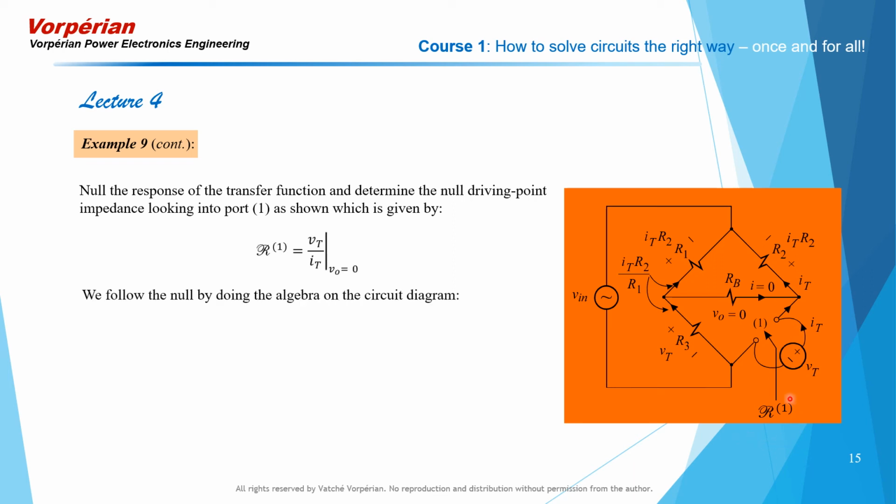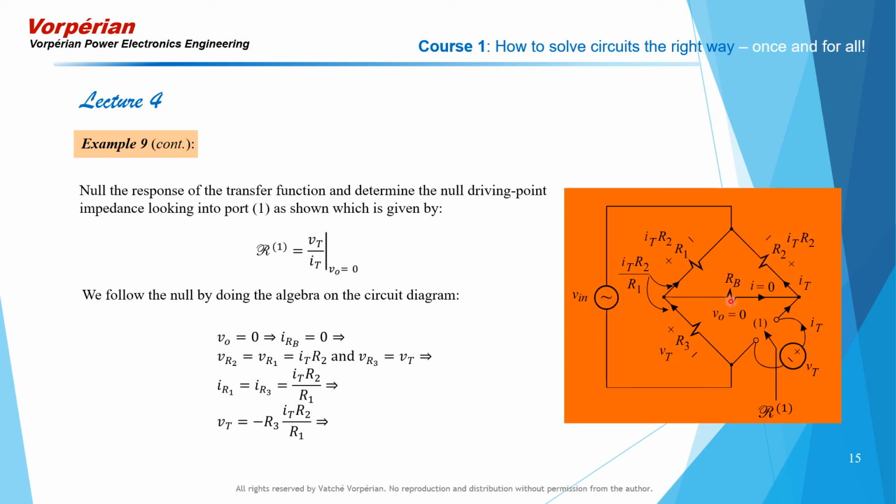Well, we see that once this current goes to 0 and this voltage goes to 0, then It, the current that's flowing through here, will flow entirely through R2 because there is no current in the bridge. It's been nulled. And it creates a voltage drop across R2, which is ItR2.